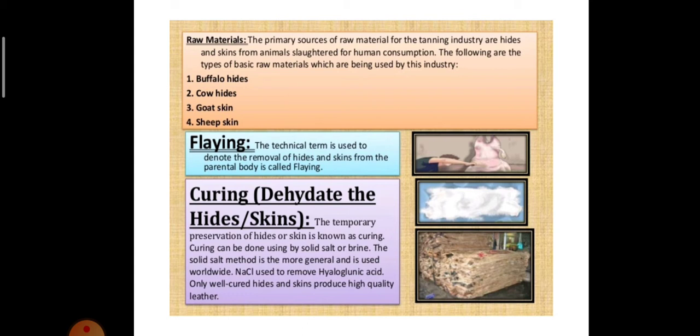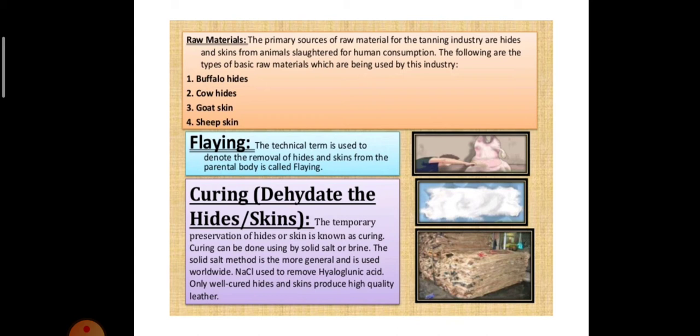The first one is buffalo hides, second is cow hides, third is goat skins, fourth is sheep skins. Dear students, listen carefully and make note of it.